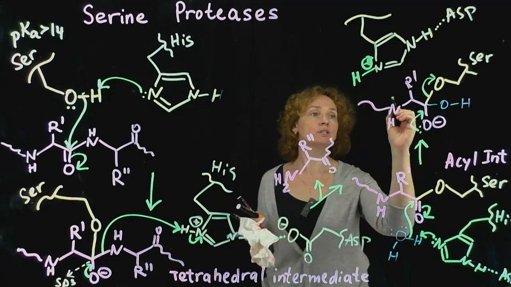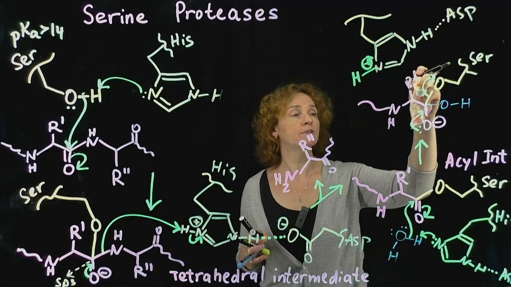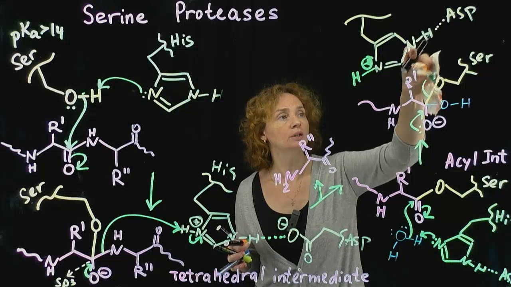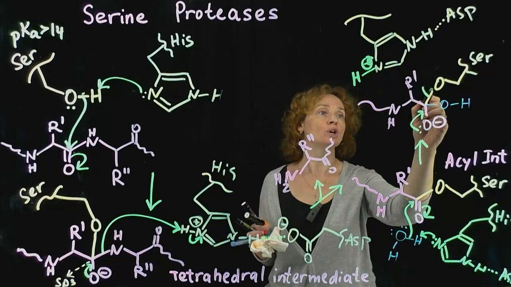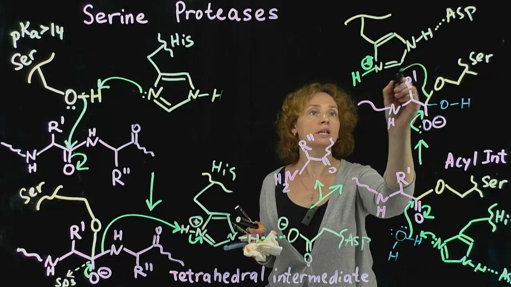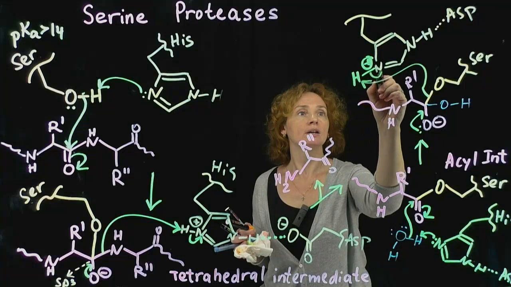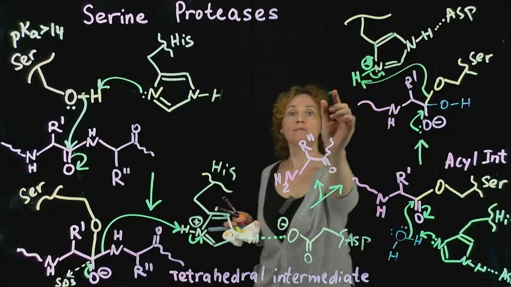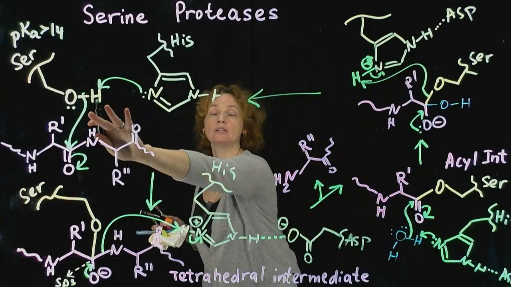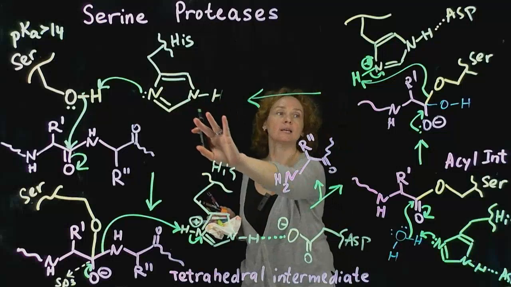But again, this oxygen, if negatively charged, is not a good leaving group. So instead of assigning the electrons of this bond to oxygen, we are going to use those electrons to take this proton, right? And this would regenerate our enzyme.